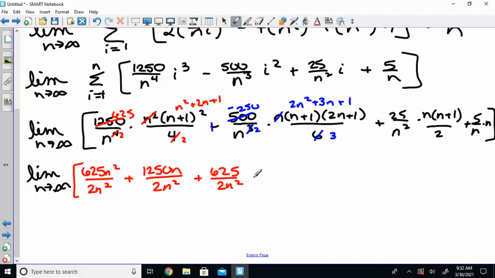So that would give me a negative 500 n squared over 3n squared minus 750 n over 3n squared minus 250 over 3n squared.